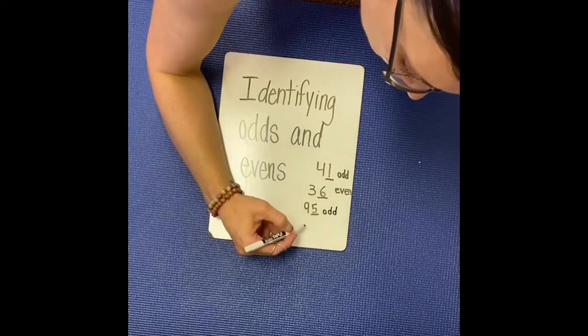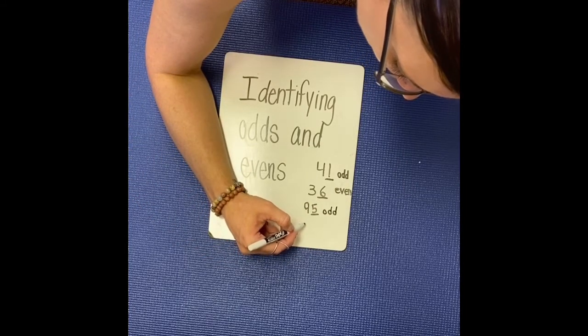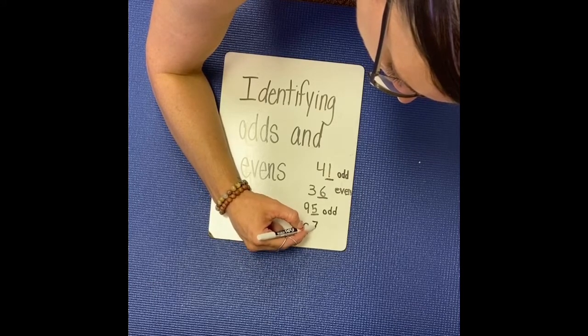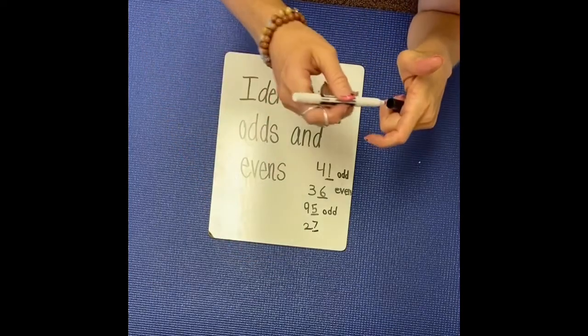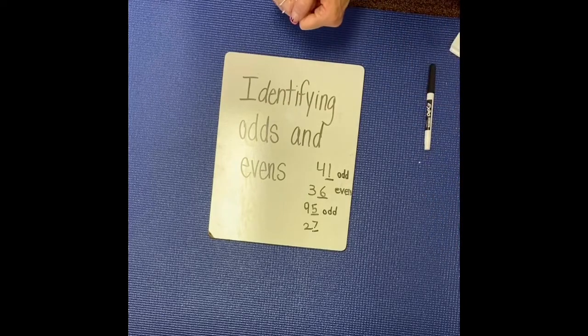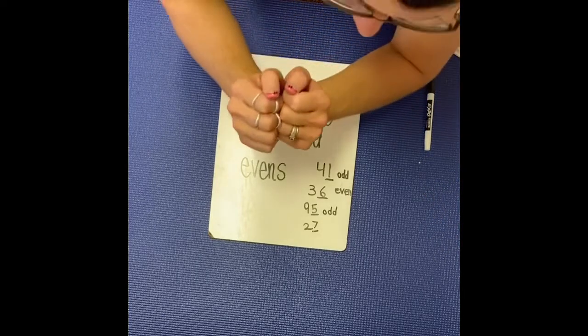Okay. How about, let's say, 27? Now I want you to try. Hit pause, and I want you to try 27. 27, let's test it out.